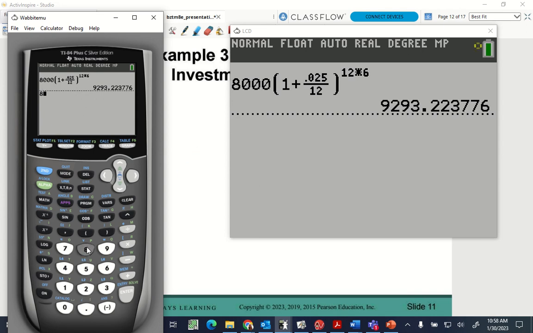Now the next one is going to be the 8,000. Now I've got to do the E. If you're using this calculator, my E is right here. It's in blue. Anything in blue on the keyboard means you have to hit second first. So second, right here, ln. And that's where I'm going to put my 0.0249, because that's my interest rate, times my 6 years.